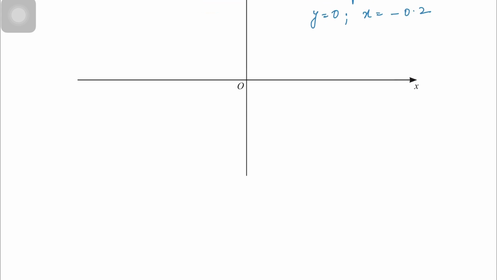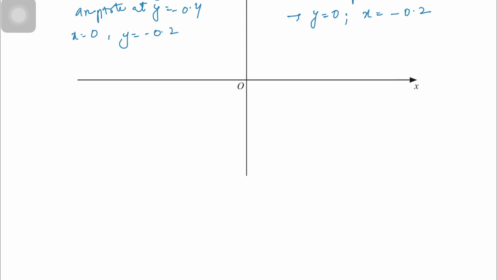Now for f inverse of x, let's just write it over here. These would be simply switched. So our x would be ln 2 and our y would be 0, with an asymptote at y equals negative 0.4, and our x would be 0 and y equals negative 0.2. You can draw it by yourself and I can do it as well.